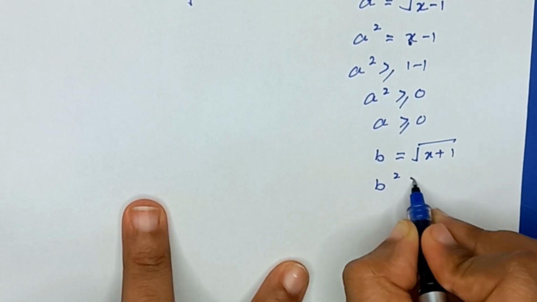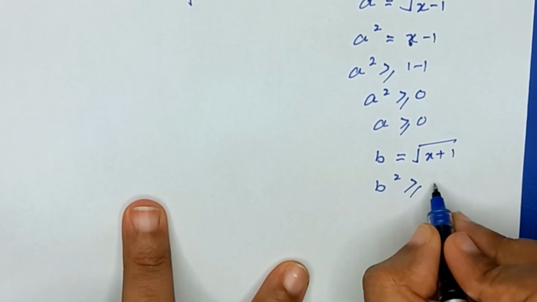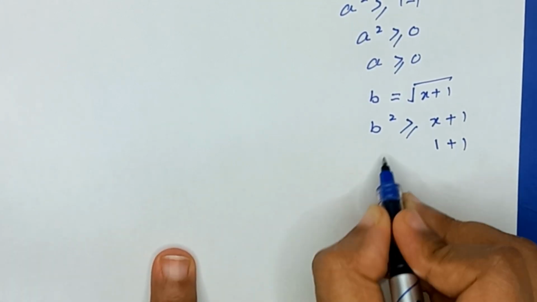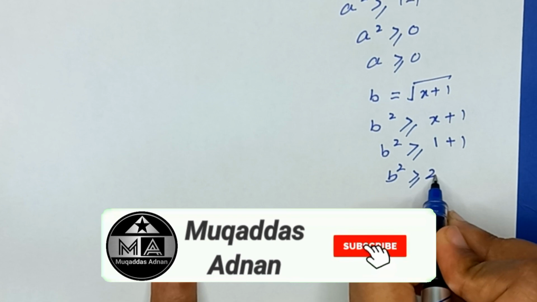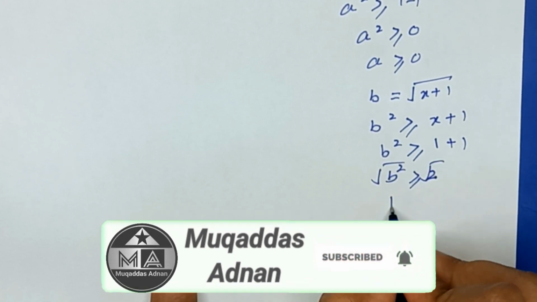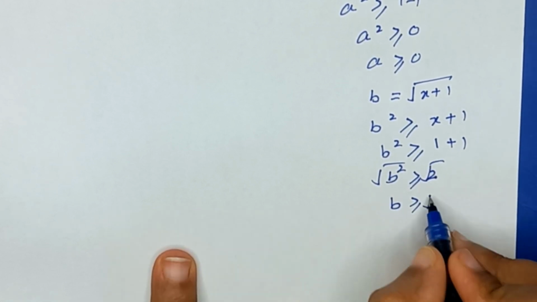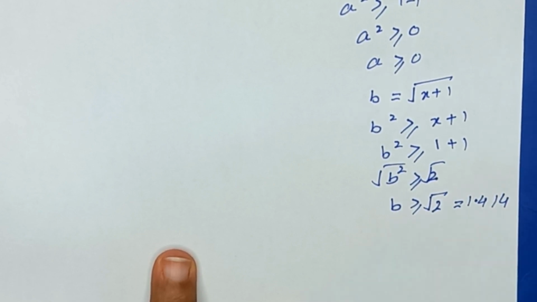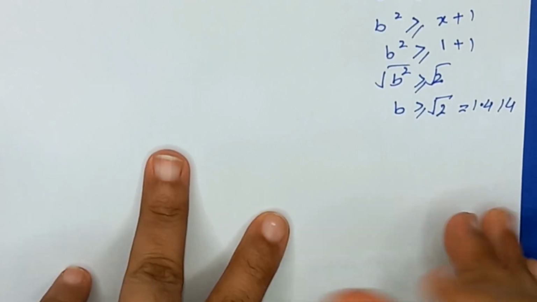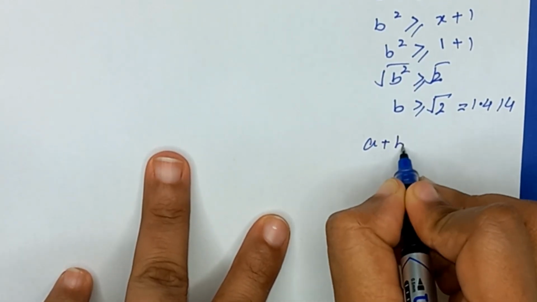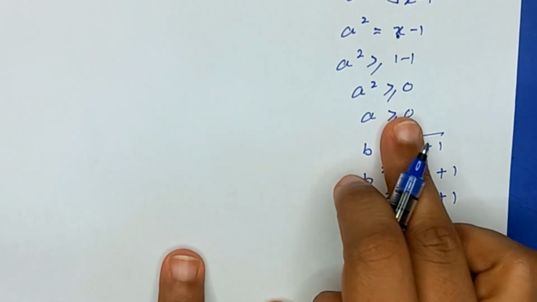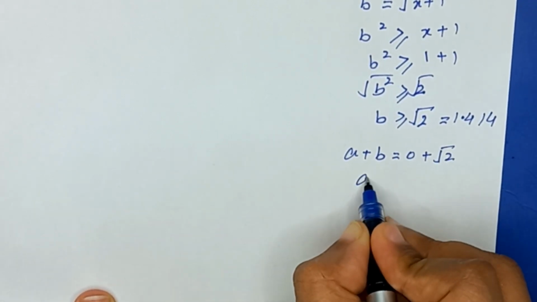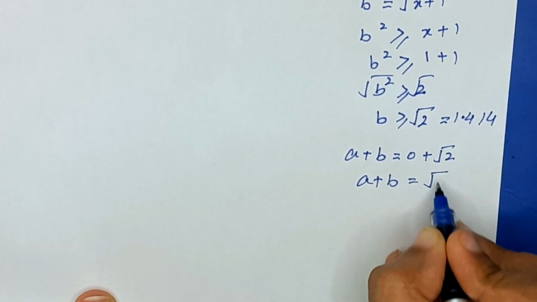So B square will be greater than or equal to 1 plus 1, so B square is greater than or equal to 2. When we apply square root, B should be greater than or equal to square root of 2, which is 1.414. So it means A plus B is greater than or equal to 0 plus square root of 2, which is square root of 2.